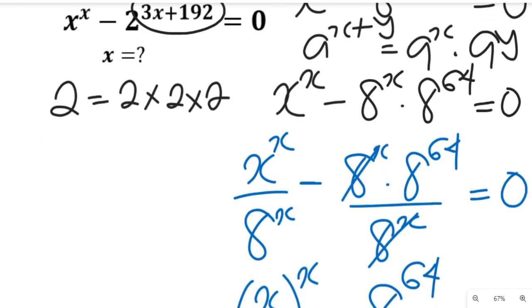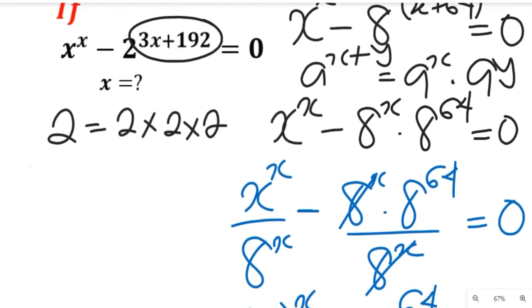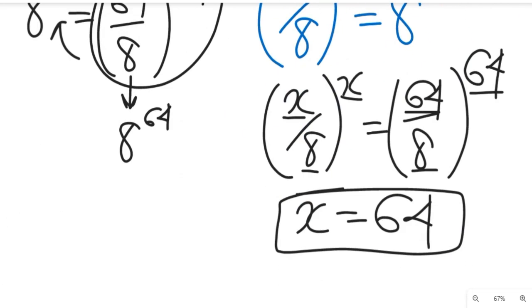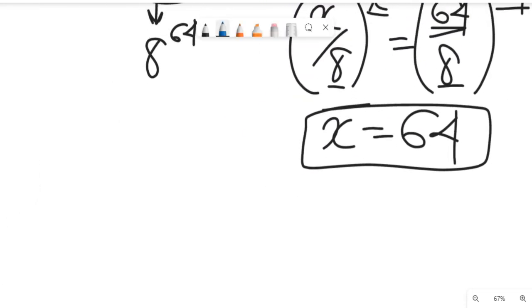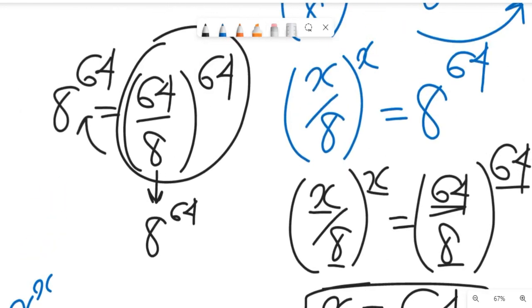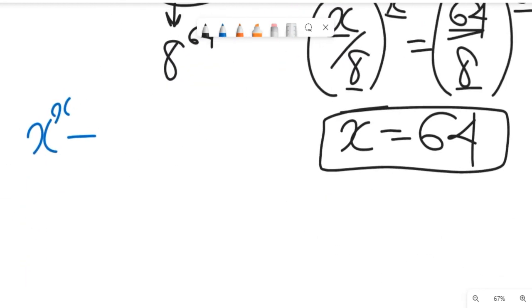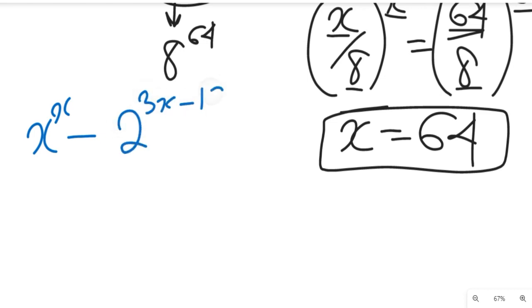Remember the question that is given. We are asked to find the value of x. So we are given x to the power of x minus 2 to the power of 3x plus 192. So if we bring that here, x to the power of x minus 2 to the power of 3x plus 192, I want to make sure that the equation gives us 0.